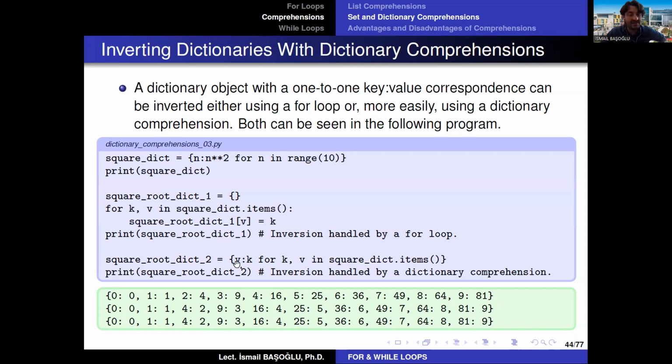And I am basically creating my mapping by swapping the positions of key and v. So I create a dictionary object which is a mapping of v and key, with a colon sign between them. And key and v will respectively be the keys and values in my items object, my friends.